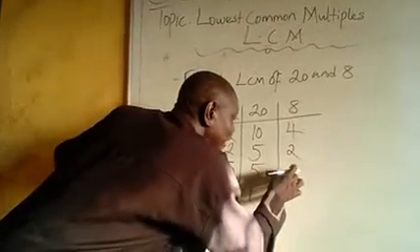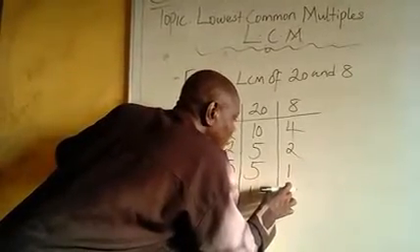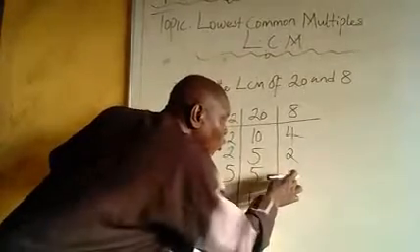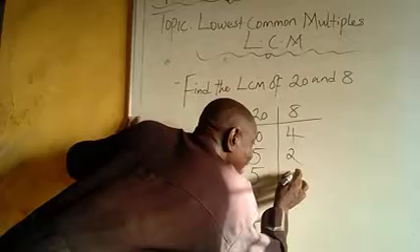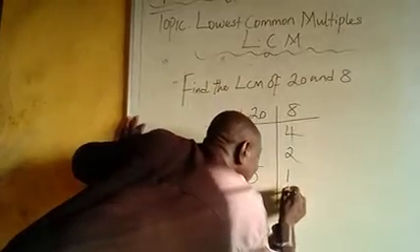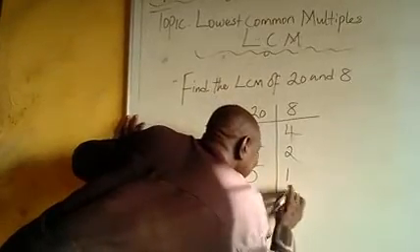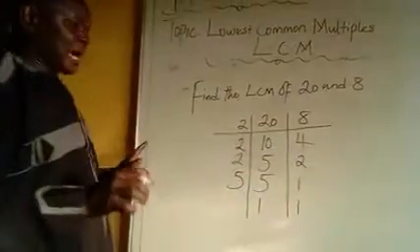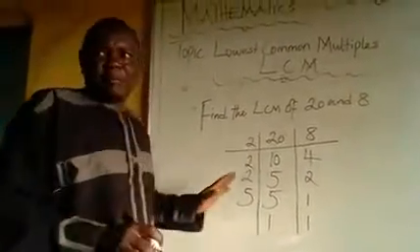Here we have 1 already, because this 2 has been broken into 1. Then you bring down this 1. I've finished with the calculation of L.C.M.